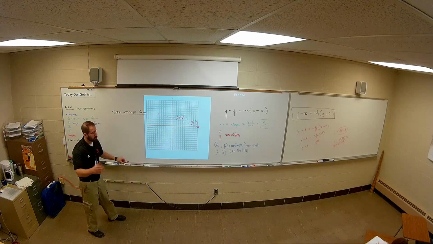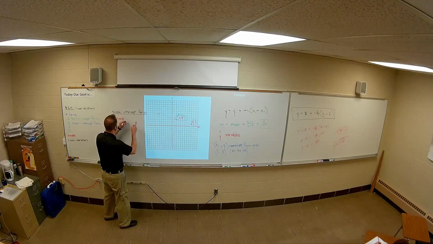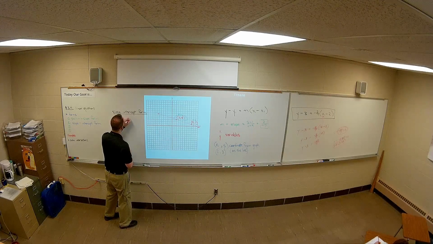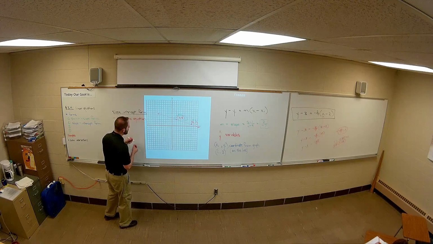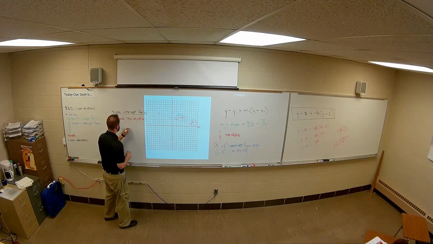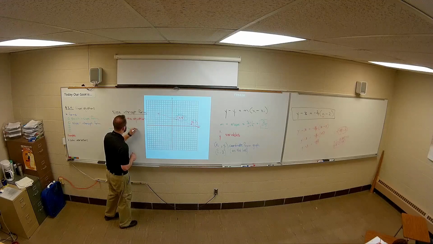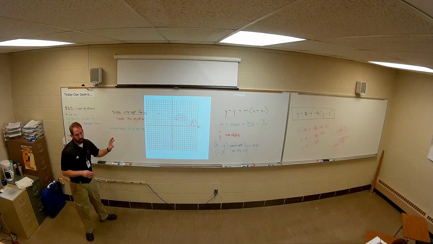All right, this form is really good if you have an equation, so you have the actual formula. And what we need on this one is we need to graph it. So this formula is the preferred one.